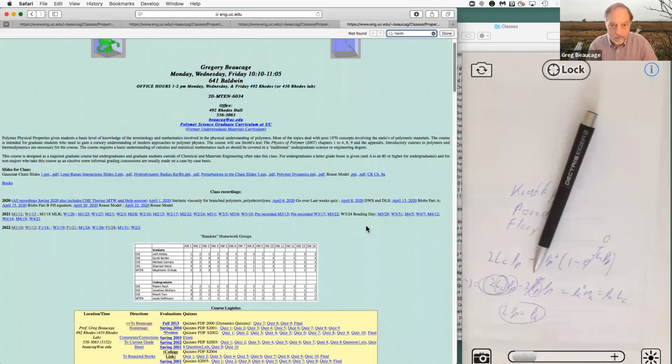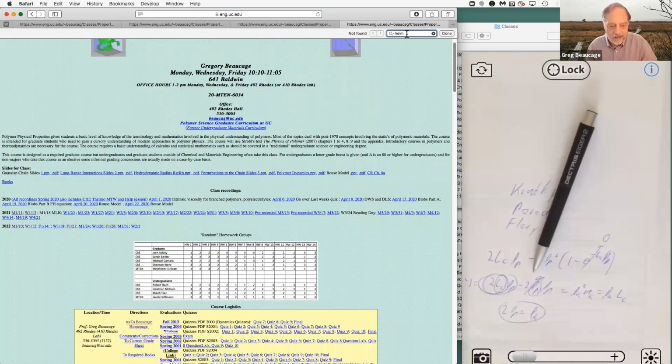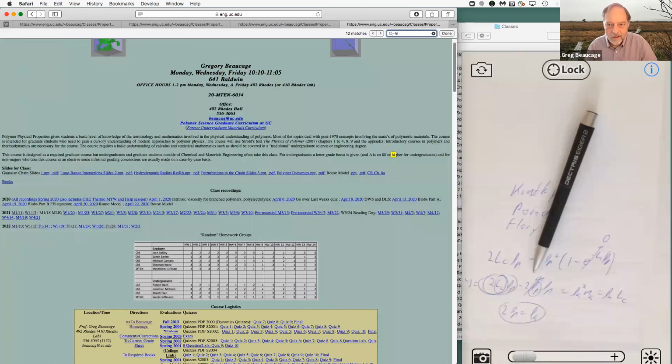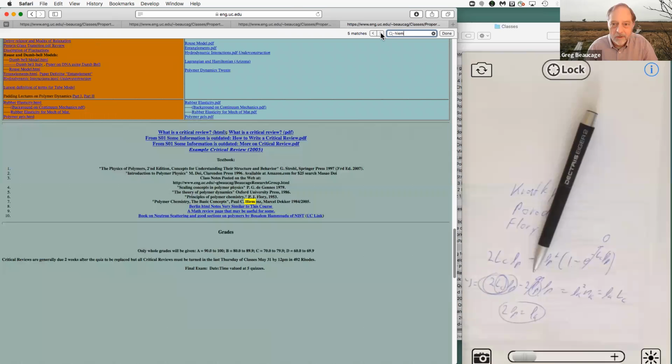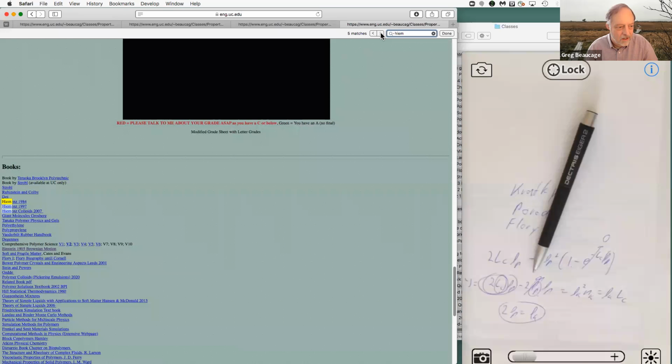Anyway, I do mention Heitzman here somewhere. Because I spelled it wrong. Oh, this is a book. Heitzman has 2 books. One's on colloids and the other one's on polymers. There's 5 matches though. Heitzman 84, 97.